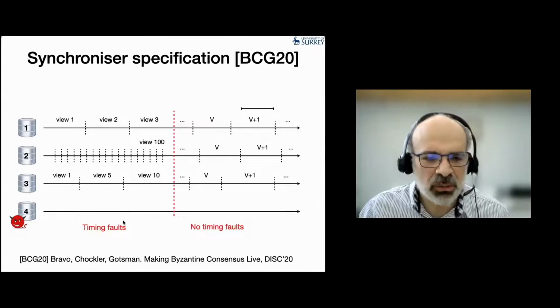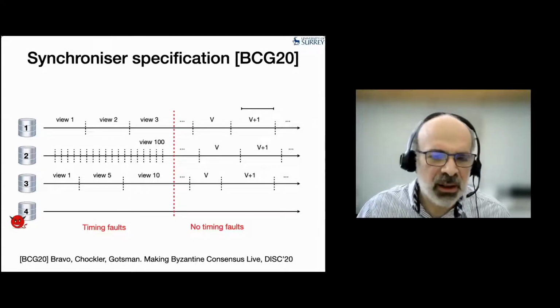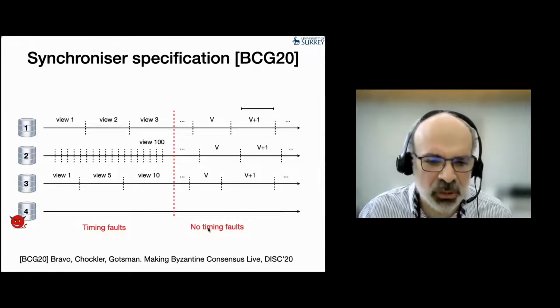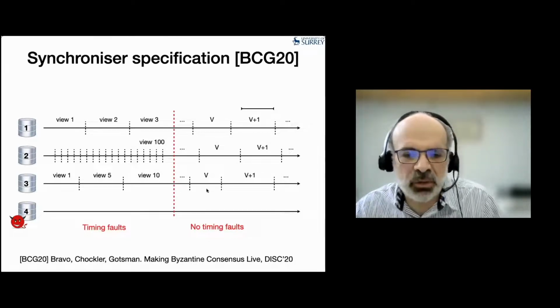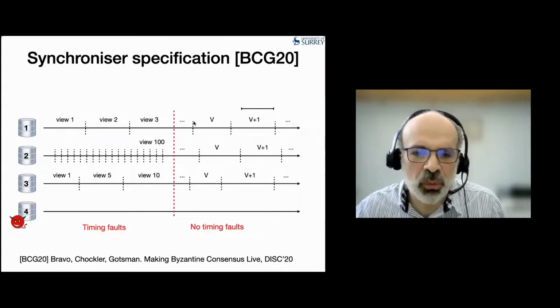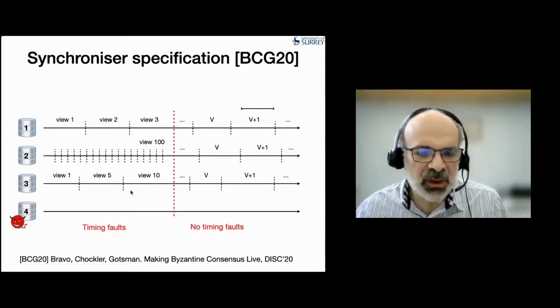When there are timing faults, views or epochs are not necessarily synchronized, and as a result the system may not be able to achieve consensus. But once we have a period when there are no timing faults, the Synchronizer will enable us to converge to a more structured view of the system. That could be done even in the presence of some Byzantine or dishonest nodes.